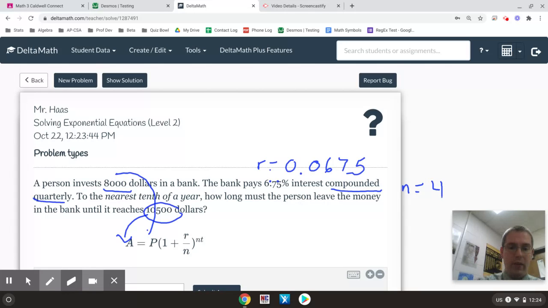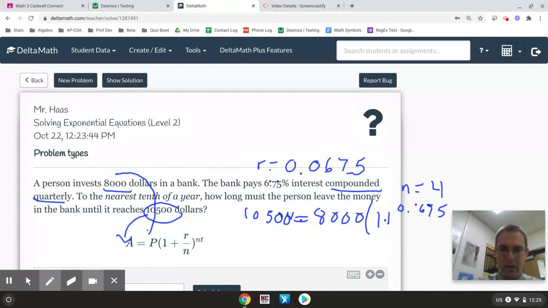So after I plug everything in, I have 10,500 is equal to 8,000 times 1 plus my interest rate of 0.0675 over 4, and all over 4, all to the 4t power.